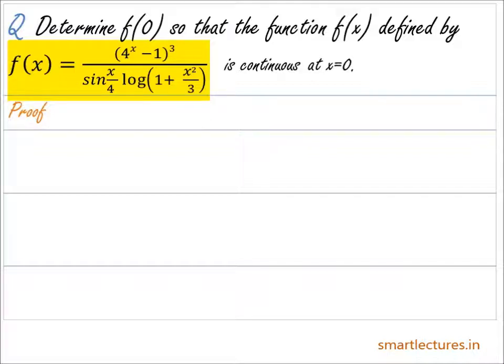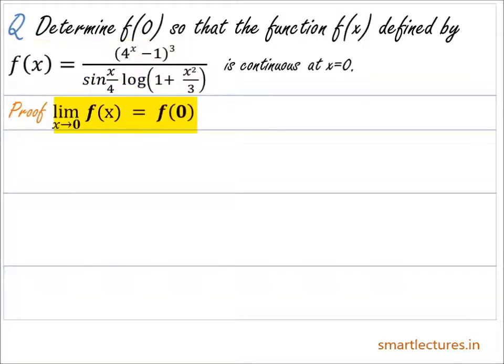Now the function f of x will be continuous at x equal to 0 if and only if the value of the function f of x at the point x equal to 0 is equal to the limit of the function at that point, or in other words, limit x approaches 0 of f of x is equal to f of 0.